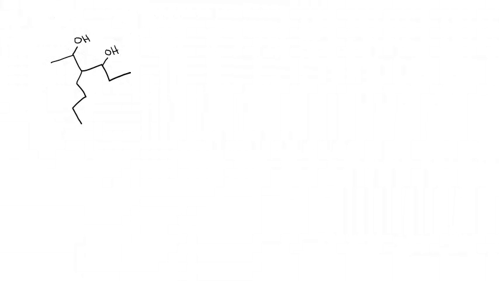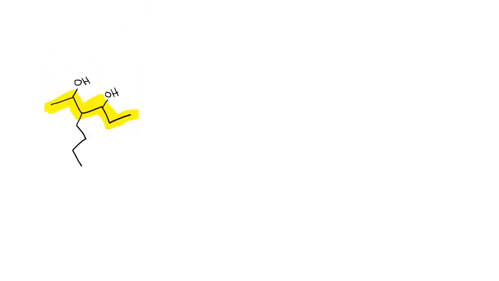We want to make sure to include both hydroxyl OHs as part of the parent chain, to number along this 6 carbon length, highlighted in yellow. The substituent off the highlighted chain is not part of the parent chain, because it does not include the highest priority group, which is both hydroxy OHs.